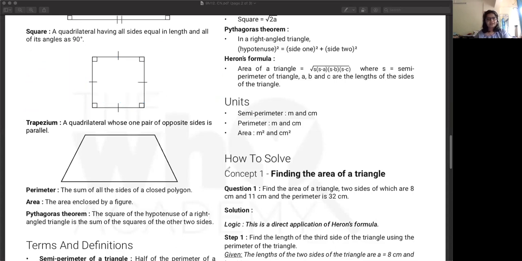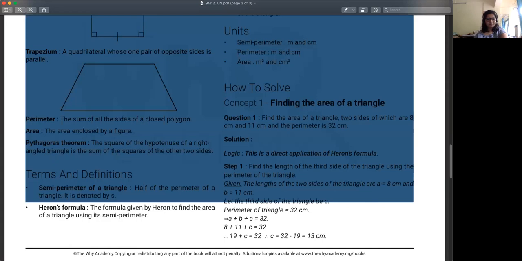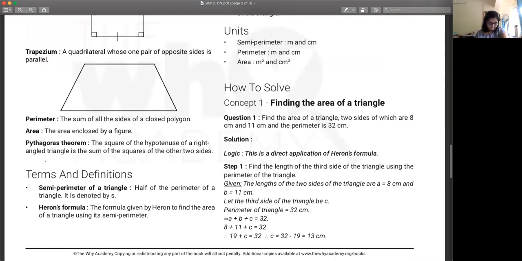So we've got perimeter, area. Then comes Pythagoras theorem. What can you tell me about the Pythagoras theorem? Hypotenuse square is equal to base square plus height square, the sum of the squares of the other two sides. It applies to a right angle triangle.